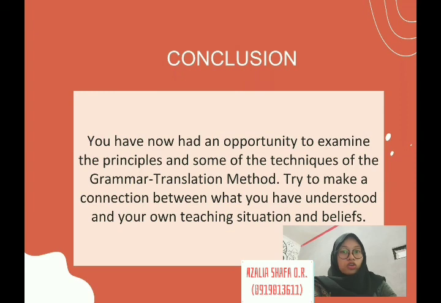Okay, next, the conclusion. You have now had an opportunity to examine the principles and some of the techniques of the grammar translation method.